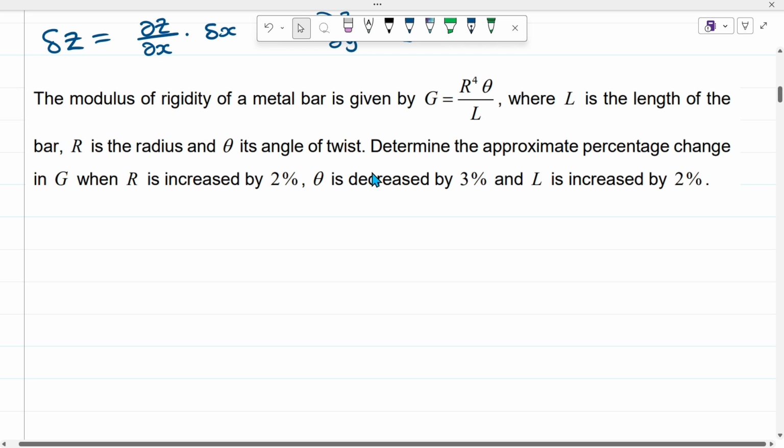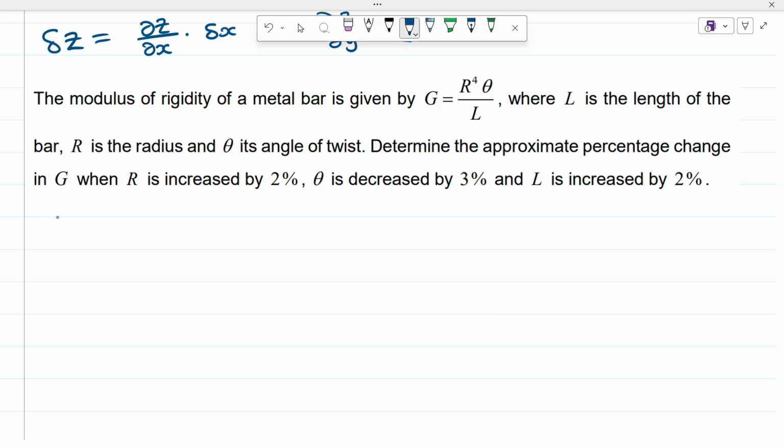So let's work like that as well. We're going to differentiate G with respect to R, and then later with respect to theta, and later with respect to L, and then we write their changes down, and then we write the formula of percentage change, and then we substitute all of those things. It's always easier like that.